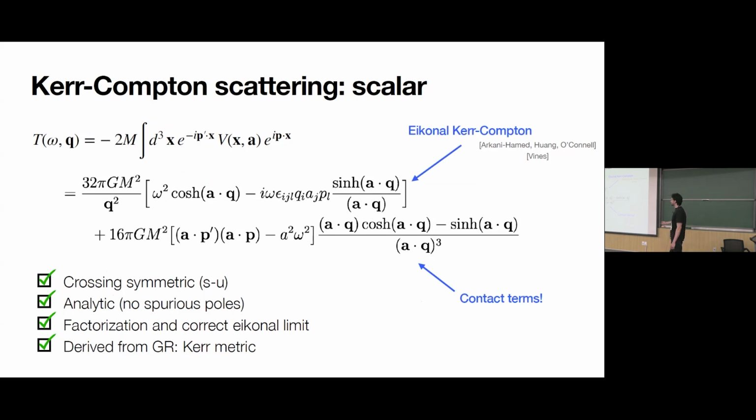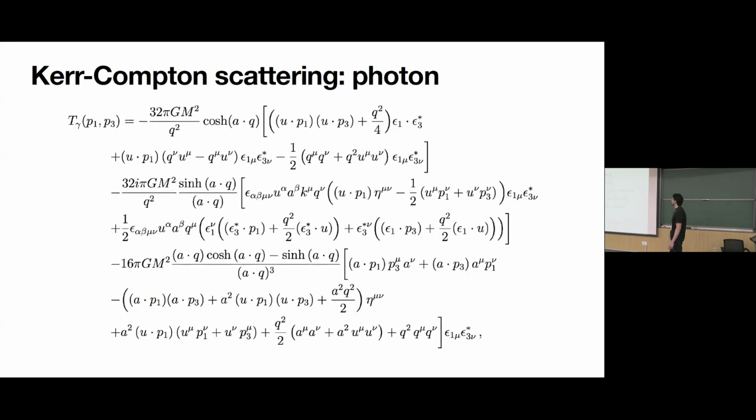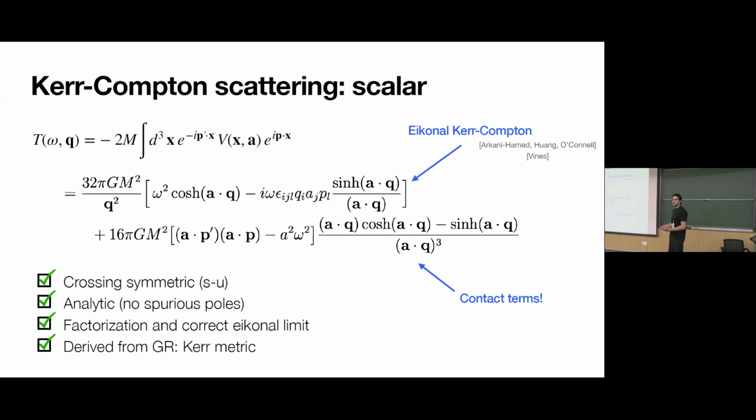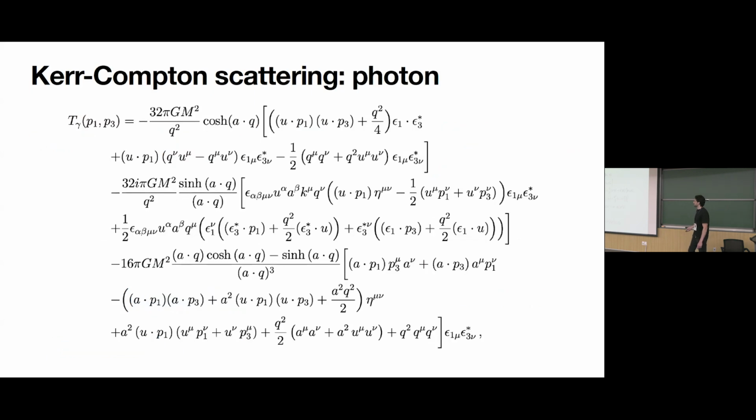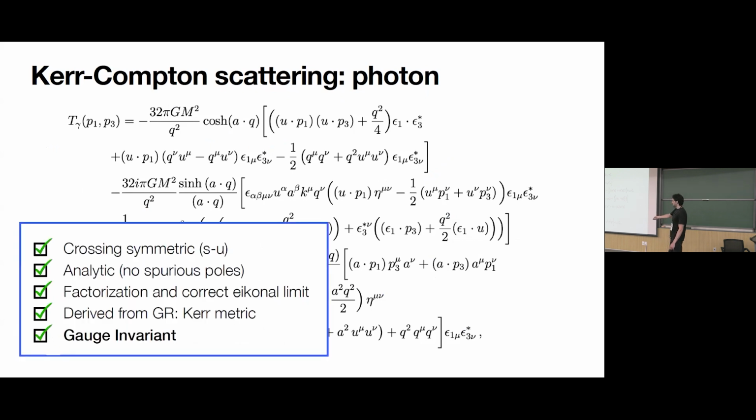So we can do the same exercise for the photon. And for the photon, there's a similar potential, which now depends on the polarizations, but you can still do a Fourier transform, and it gives you this huge expression. But this huge expression satisfies all these other properties, and it is also gauge invariant.